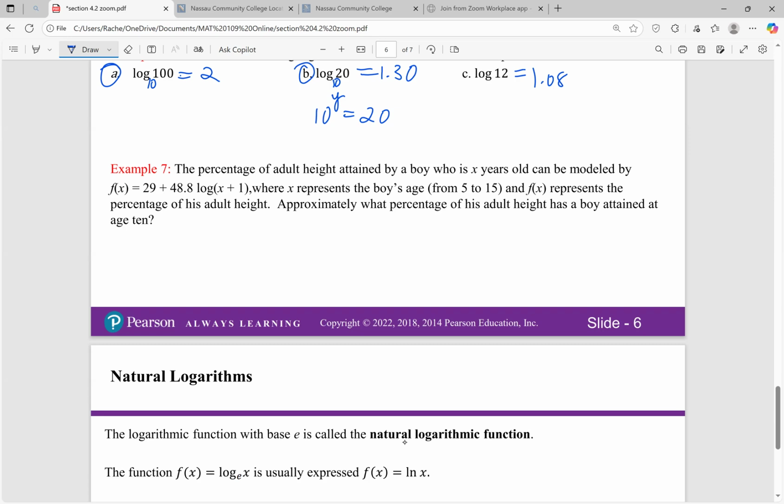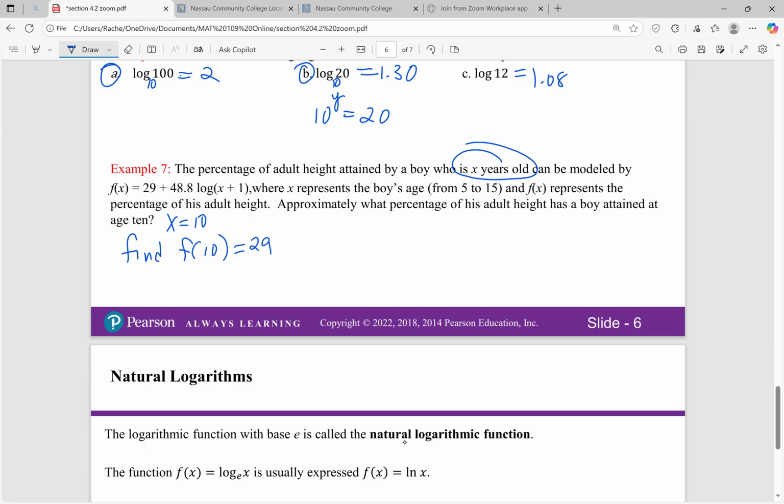So the question is, approximately what percentage of his adult height has a boy attained at age 10? So we want to know, what is the output? What is the height, or f of x, when the boy is 10 years old, when x is 10? So we want to find f of 10, because x is his age. So we're going to plug 10 into the function.